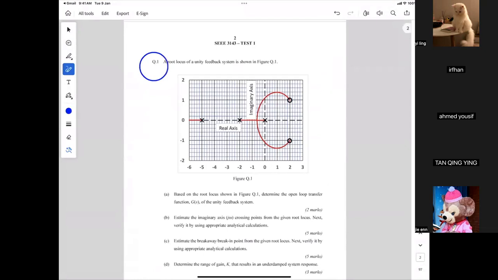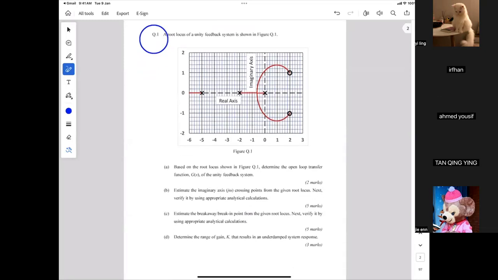Root locus of a unity feedback system is shown in figure Q.1. Based on the root locus shown in figure Q.1, determine the open loop transfer function G(s) of the unity feedback system. Estimate the imaginary axis j omega crossing points from the given root locus.